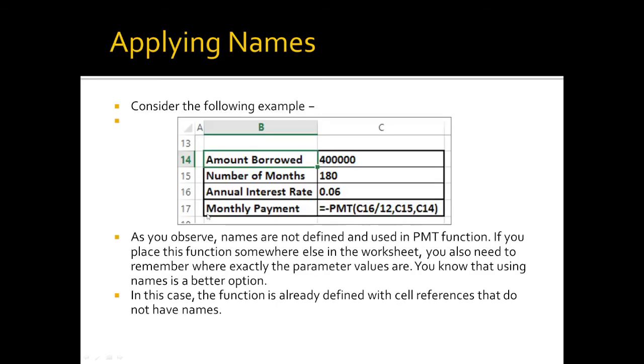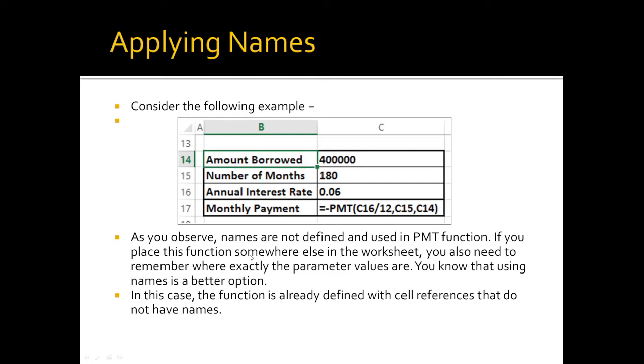Applying names. Now consider the following example. We have amount borrowed, number of months, 180, annual interest rate, monthly payment. As you observe, names are not defined and used in the PMT function. This is the formula. If you place this function somewhere else in the worksheet, you also need to remember where exactly the parameter values are.